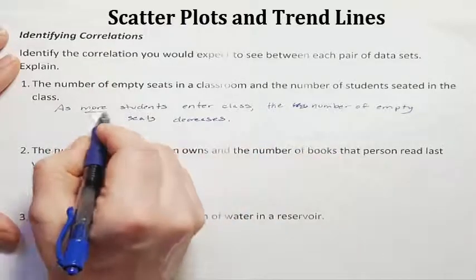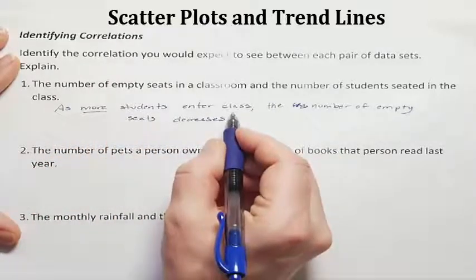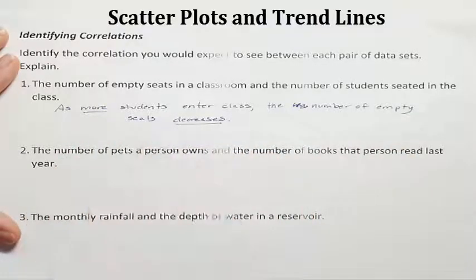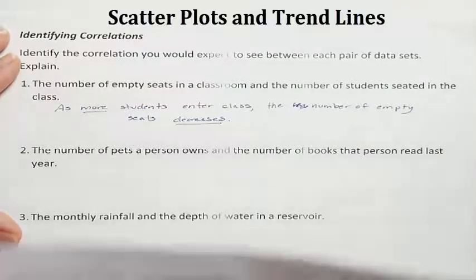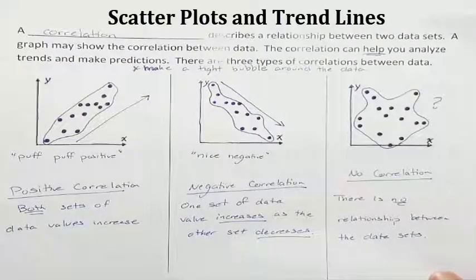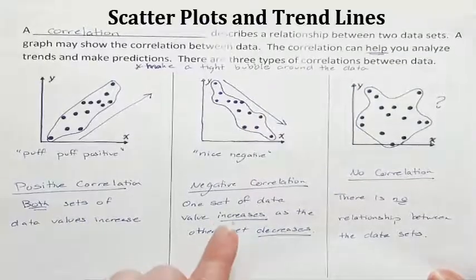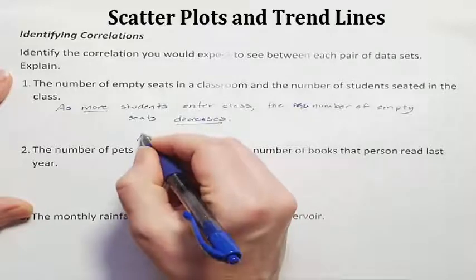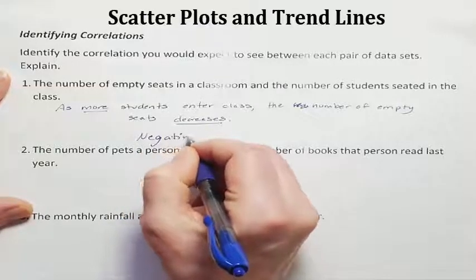So as one goes up, the other one goes down. If you remember that sheet we looked at, which one was it where when one goes up, the other goes down? It was a negative correlation. So our answer to this is negative correlation.